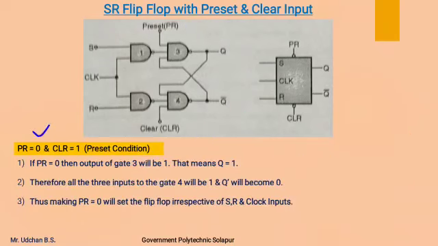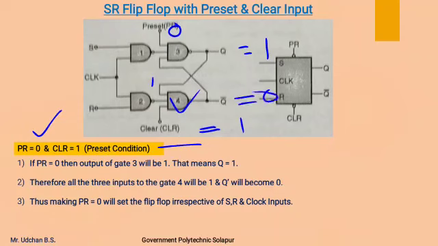Now we will see the next case, in which the preset input is 0 and the clear input is 1, which is called the preset condition. As the preset input is 0, Q will become 1. Now clear is 1 and Q is also 1, so all the three inputs to gate 4 will be 1 and Q complement becomes 0.